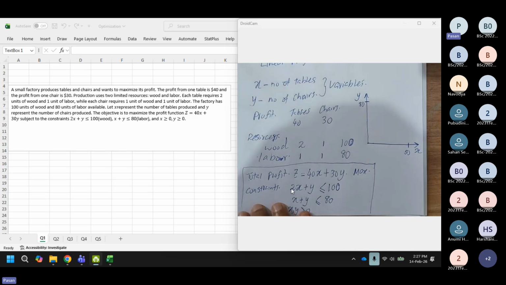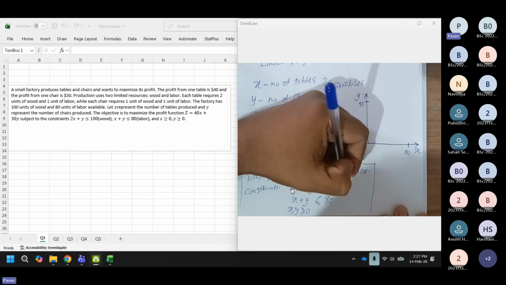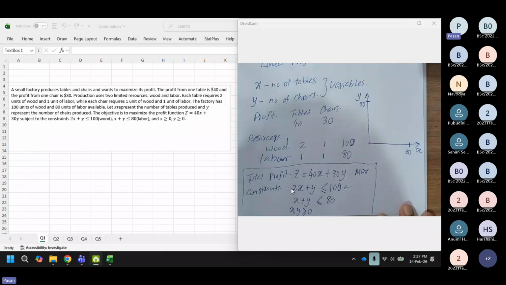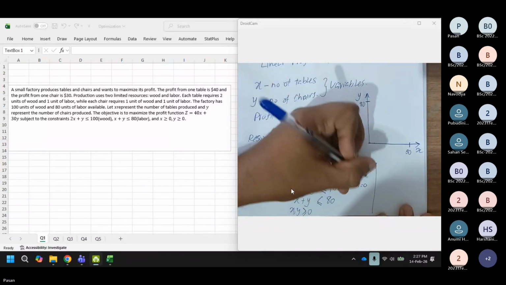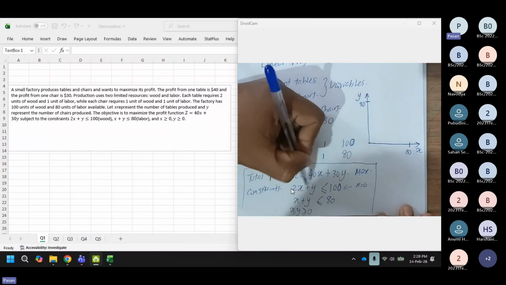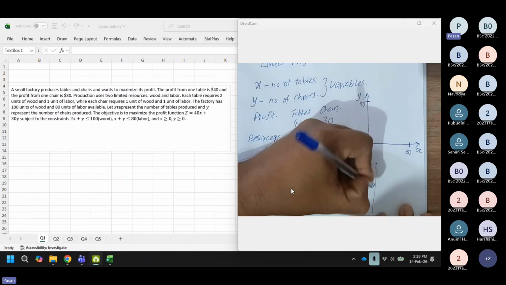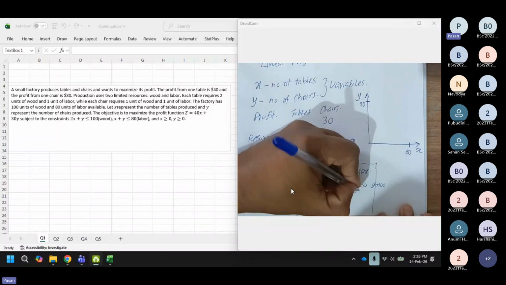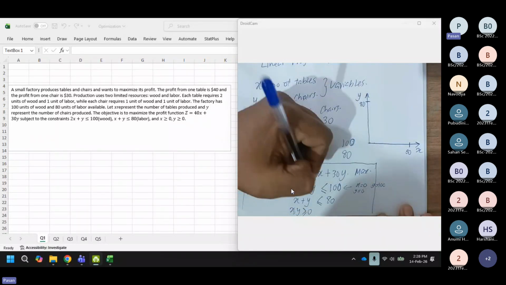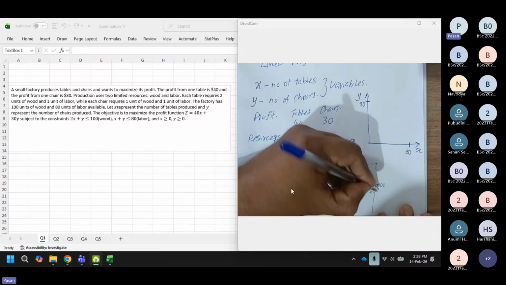By taking each of these constraints, I can take this one first, right? If I put x equals 0, then y will become 100, right? And if I take y equals 0, then x is equal to 50.